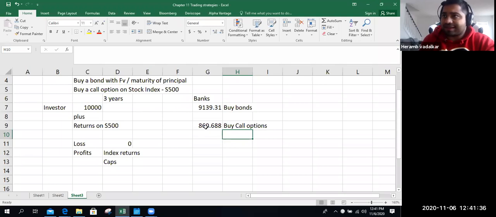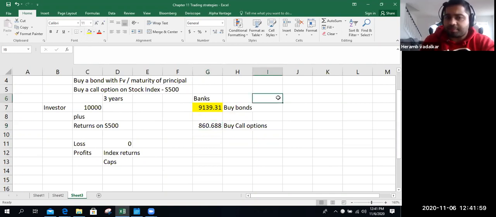So how does the bank create this note? First, it will take the $10,000 principal from the investor and discount that principal. Whatever the discounted value is, it will buy bonds worth that. And the difference between the discounted value and the investor amount, it will use to buy call options.